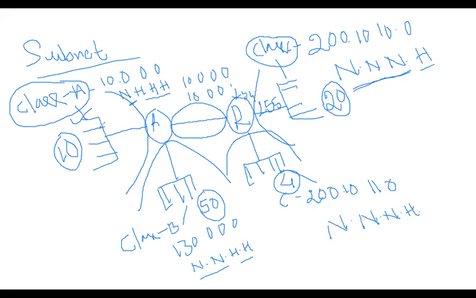We'll take one example of how we are going to do the subnetting. You have to draw one diagram, a router R, with interfaces connected to it.